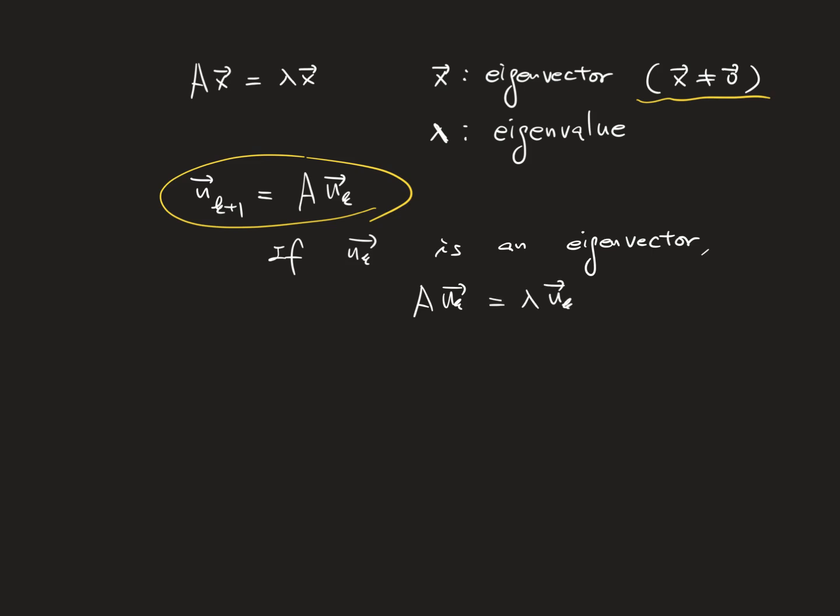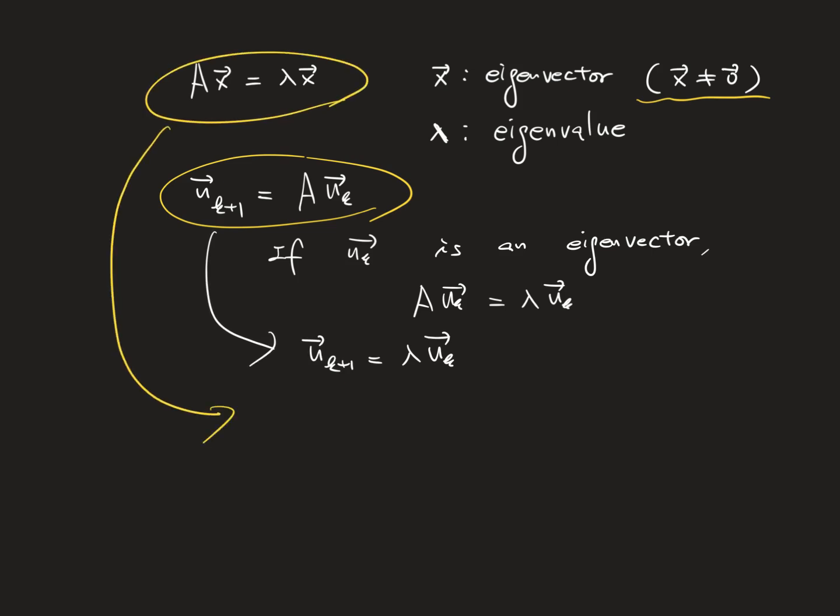So we can write this equation as uk plus 1 is equal to lambda uk, which is just a geometric sequence. And the matrix A is gone, and it's a very simple thing.